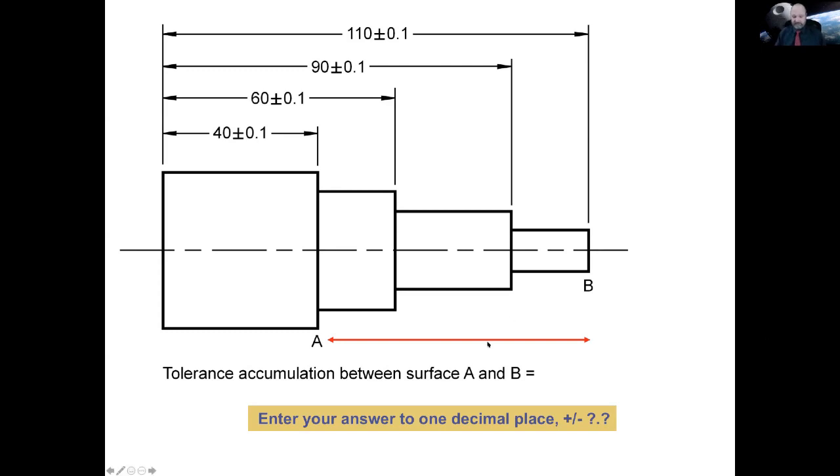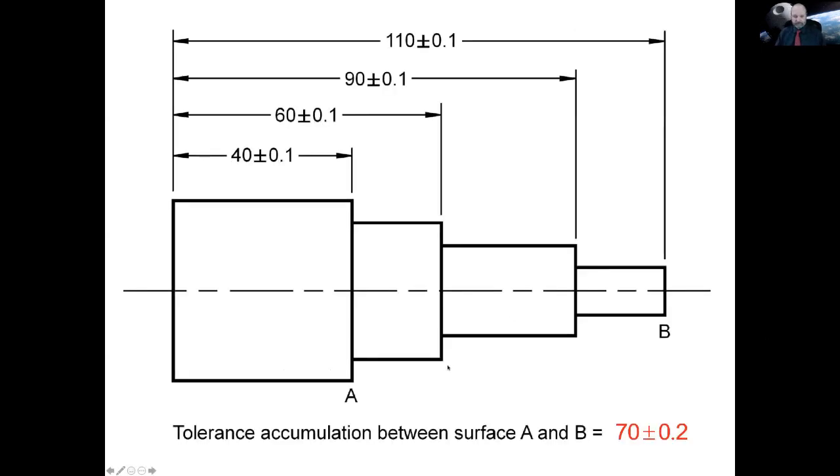So let's see if that's true, if it is 0.2. It is, because this can vary plus or minus 0.1, and this can vary plus or minus 0.1. So the worst maximum case would be they're both a little bit long, or one's short and one's long, so the difference is 0.2 in length.